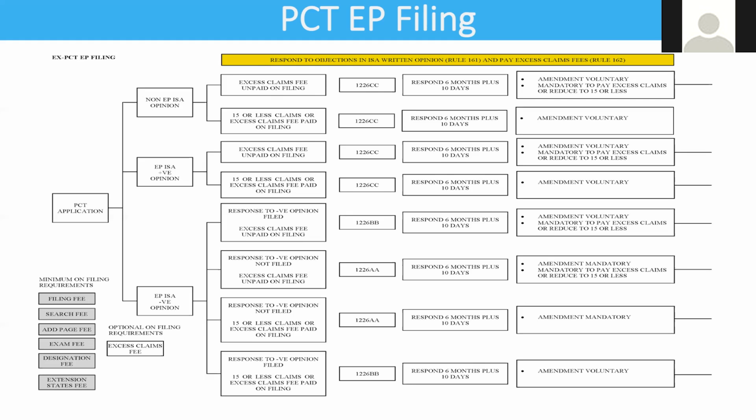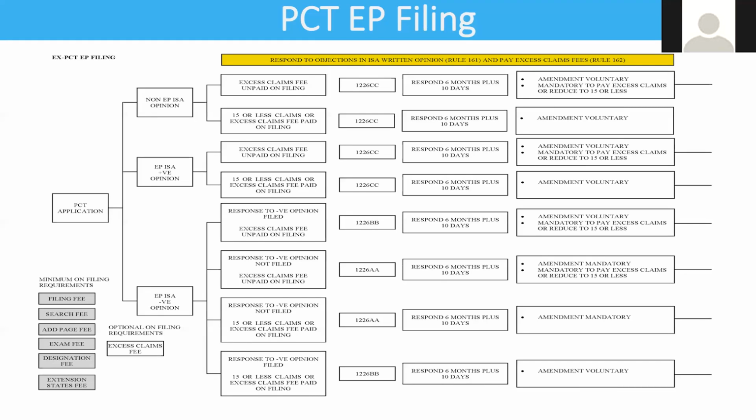And you can see in the middle of the document the column that has that form number, so then you can map that column or those forms back to the particular scenario on the left, whether it's a non-EP International Search Authority opinion or it's an EP International Search Authority opinion.